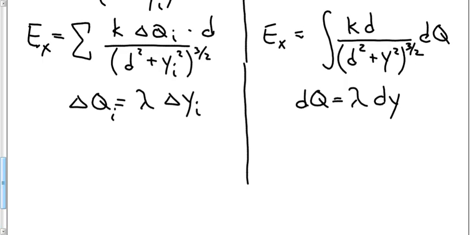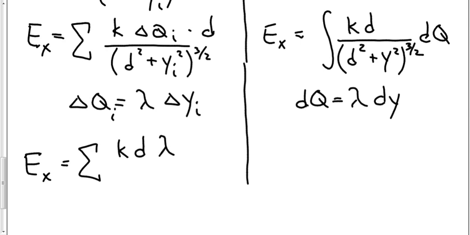So rewriting again, we're looking for the total x component of that, which is the sum. Oh, that's a nasty looking summation. Do that a little better. There we go. The sum of, and we've got k. I think maybe I'll pull this d over here. I did it on the other side, and I can kind of write my lambda.